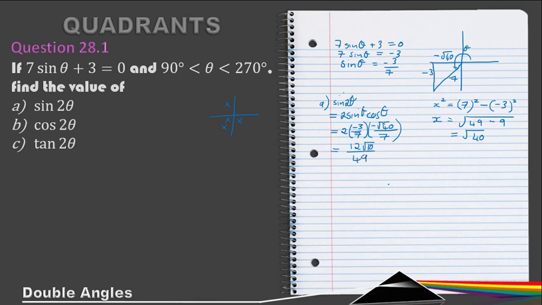Okay. Now moving on to cos 2 theta. Here we can replace it with either one of its identities. They all will give us the same answer. So I'm just going to replace it with cos squared theta minus sine squared theta.